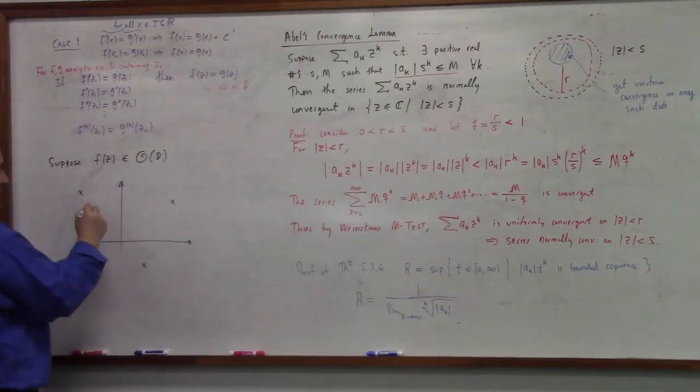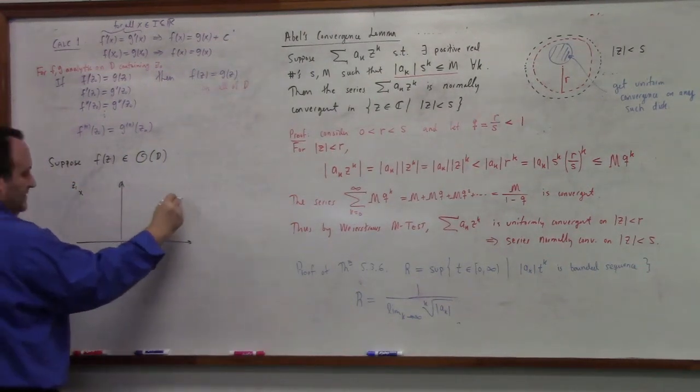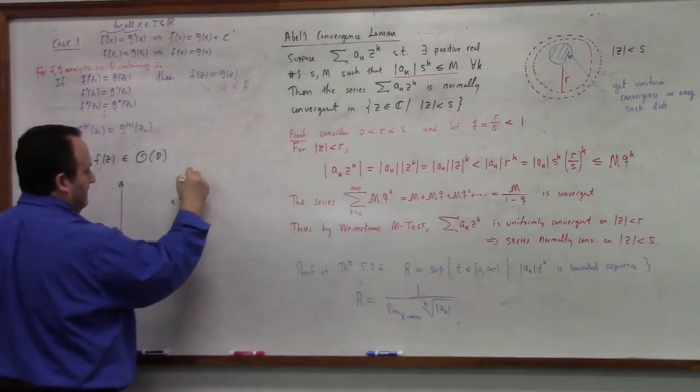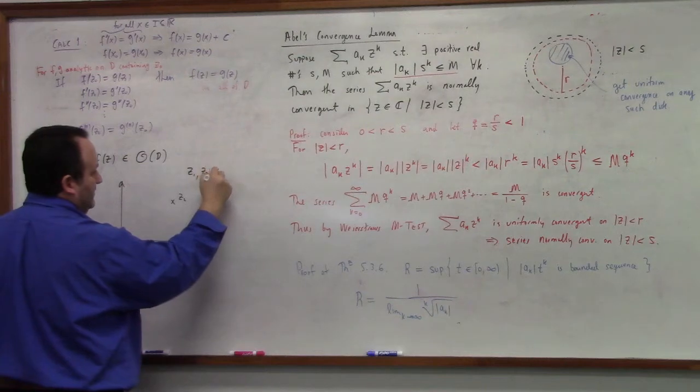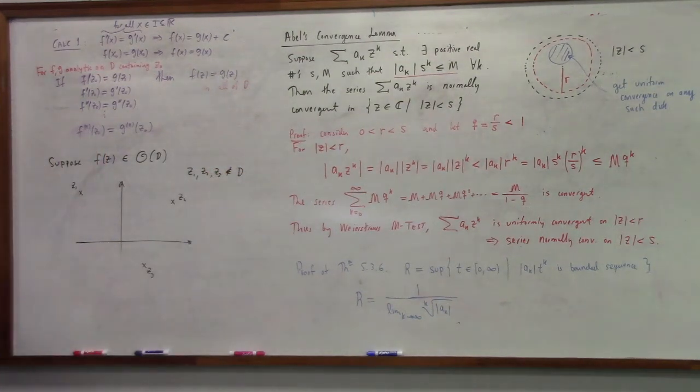Here's another point. Let me call them z1, z2, z3. So z1, z2, z3 are not elements of D, right? So these are like singular points, we would call them, for the function, all right?